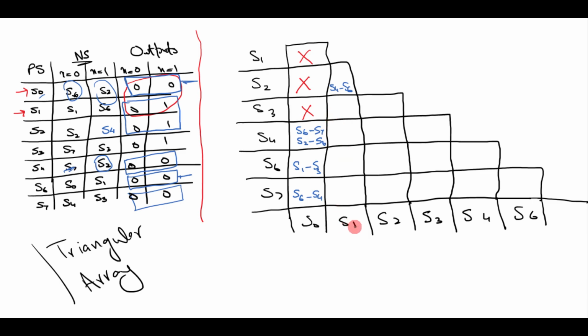Similarly, S1 and S3 have the same outputs. They can be equivalent if S1 and S7 are equivalent, and S6 and S3 are equivalent.